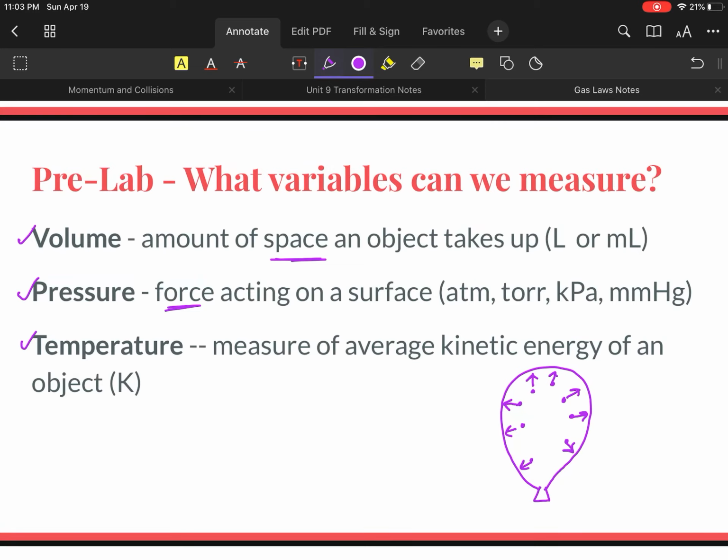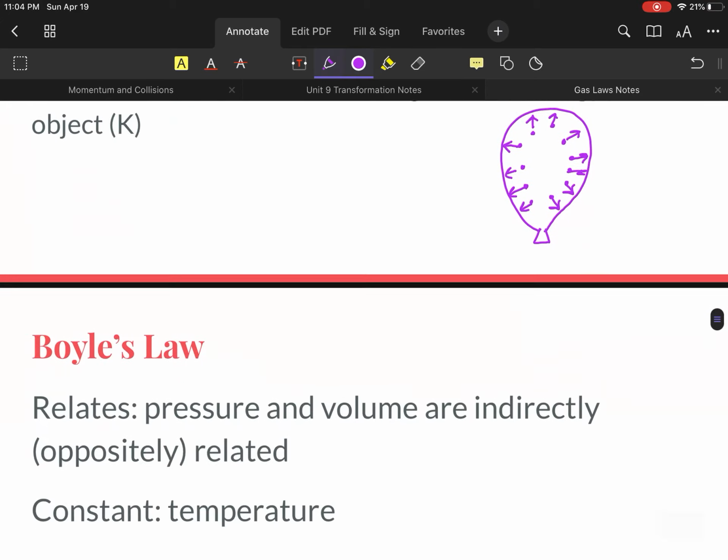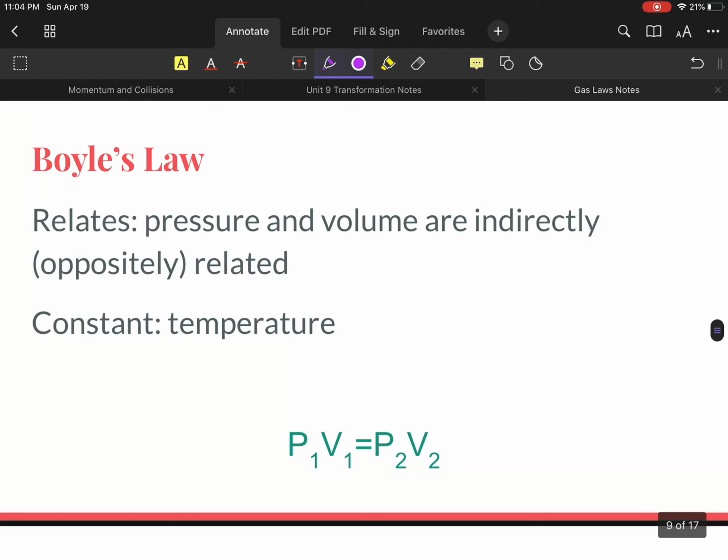As you put more particles in, as you're blowing more air in, you're increasing the amount of gas inside the balloon. The pressure inside the balloon increases. So it's more and more force that's pushing that balloon bigger and bigger. And we just talked about temperature being how much kinetic energy an object has.